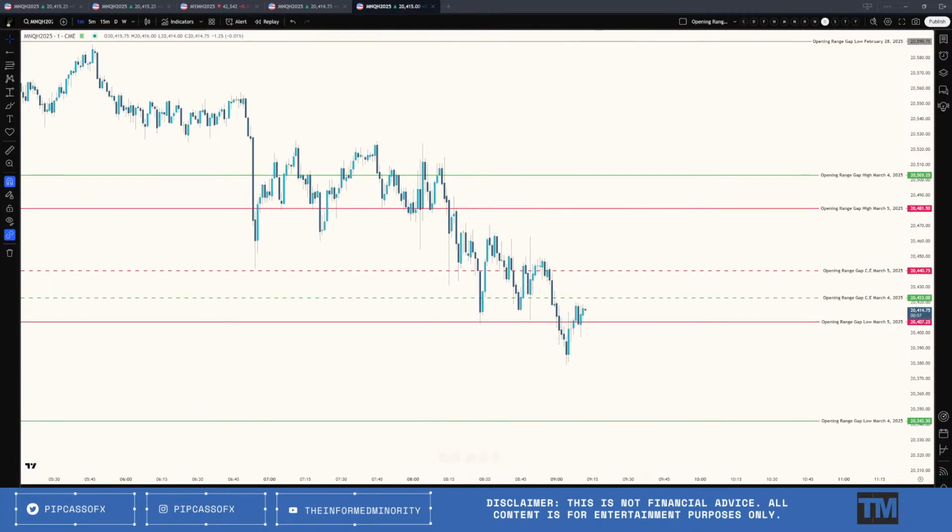We don't necessarily have right now any waiting period because this is the high end of it and price is below it. So if it comes anywhere up in between here, we're going to have to wait until 10 o'clock. We know that we have ISM Services PMI at 10 a.m., and we already had the ADP at 8:15, which is this candle right here.